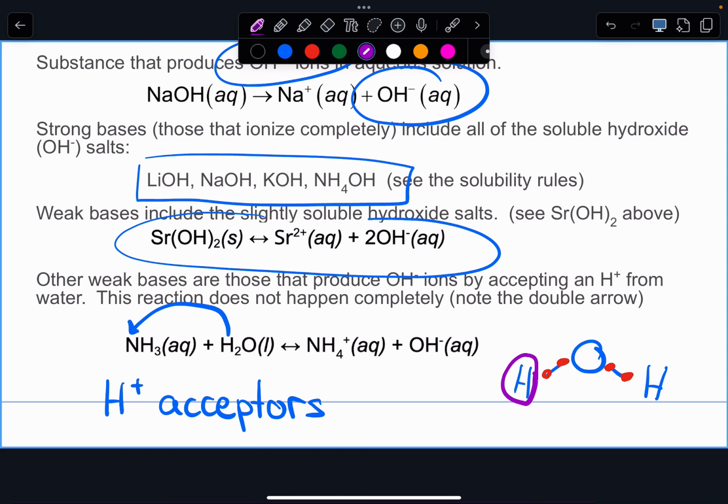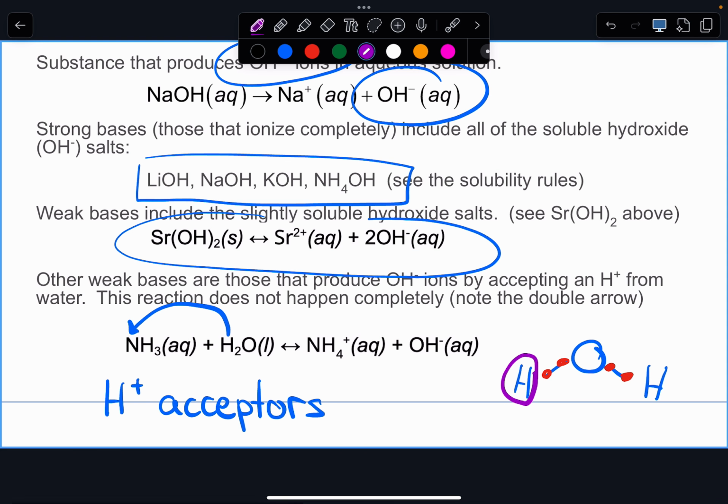And also why when the hydrogen goes to NH3, it doesn't bring its electron along, so it makes an uneven number of protons and electrons, and that guy has a positive charge. So when you do bases, you're always going to see OH minus on the product side, and whatever's left over is going to take that hydrogen, and that's what you're going to have on the other product.